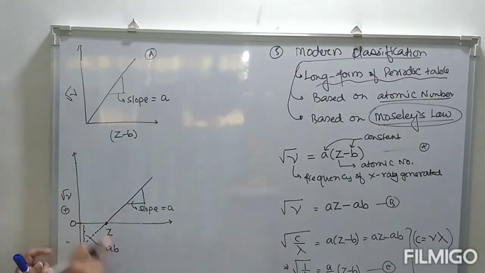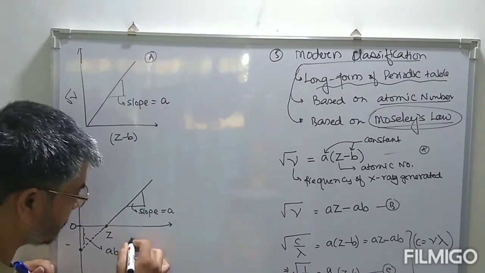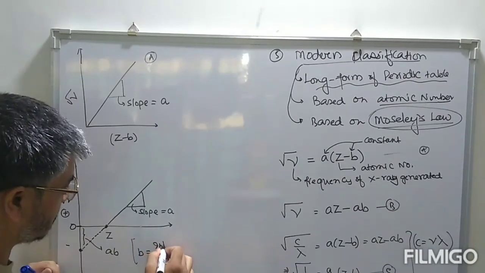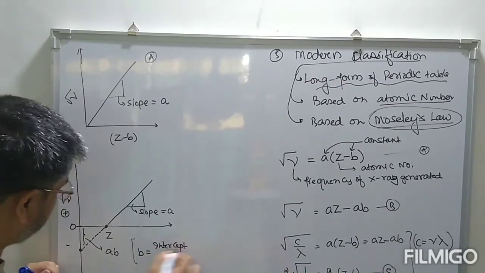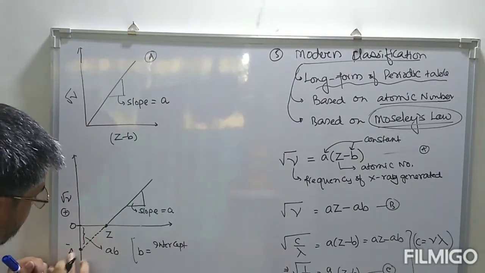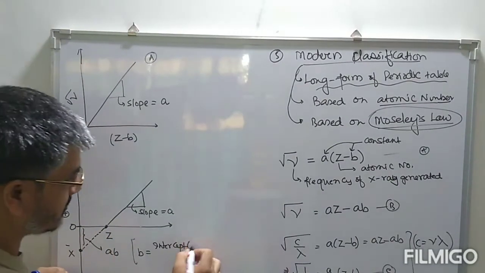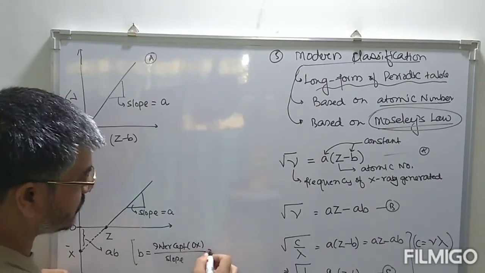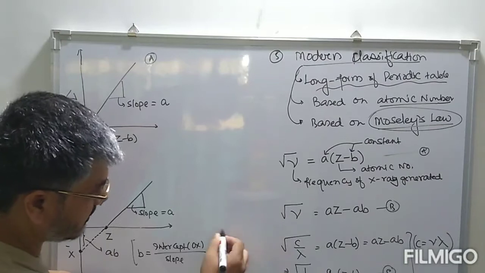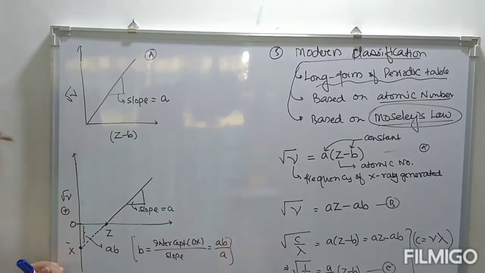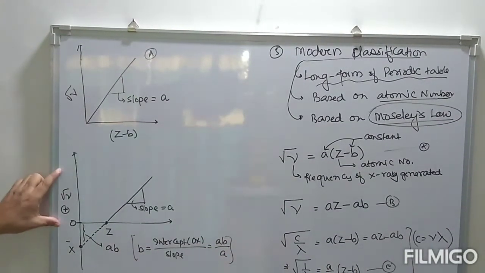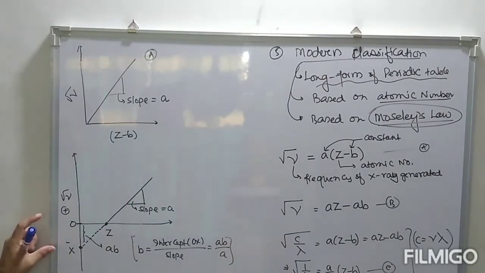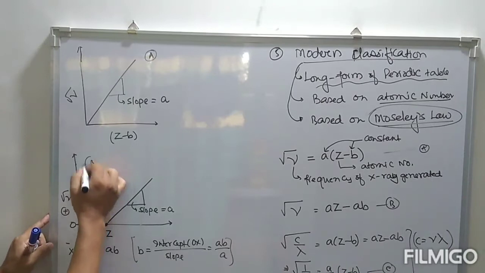Suppose the intercept is OX, divided by slope, so this is AB by A. This comes out to be the value of B. So from this graph, we can determine the value of A as well as the value of B. Now this is equation B.